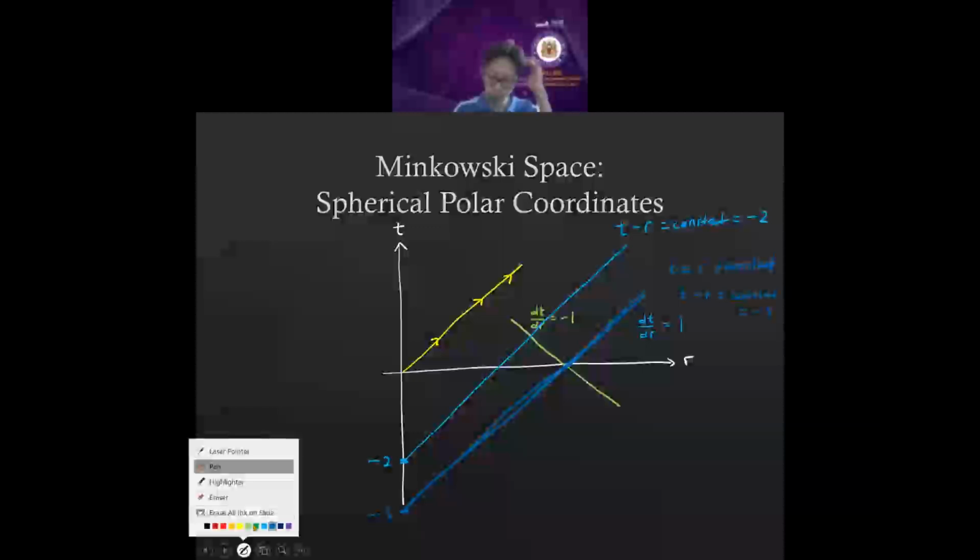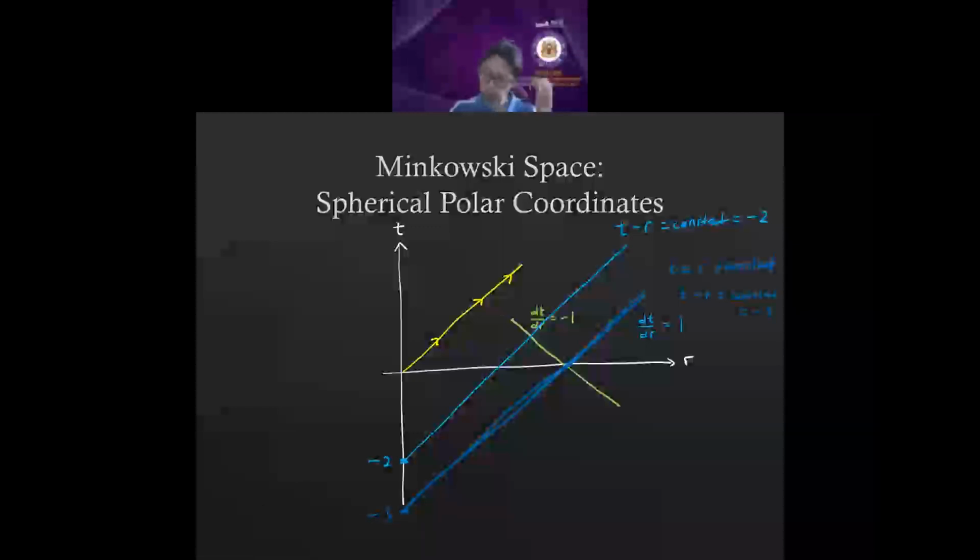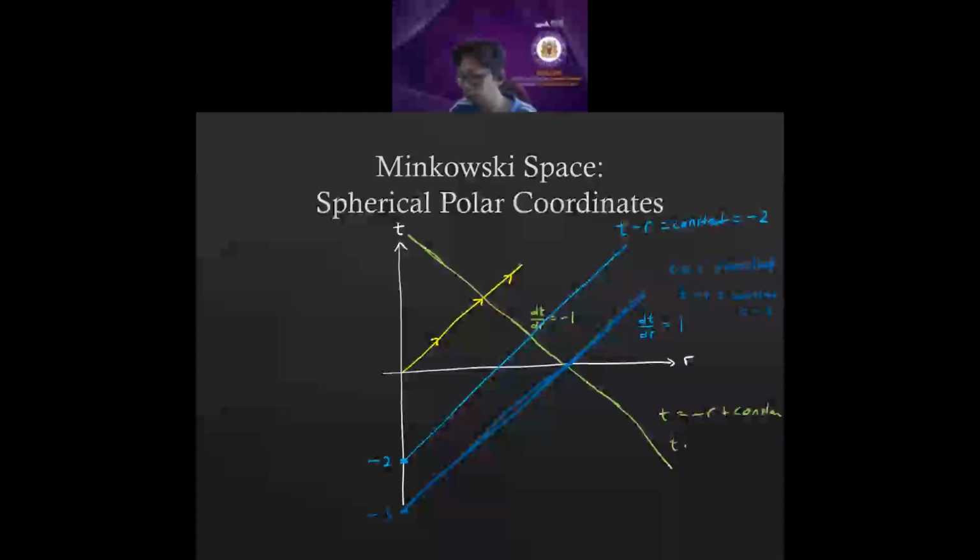Okay, so meanwhile, this one, the green one, is going to be described by t equals minus r plus a constant. In other words, this straight line is described by t plus r equals a constant, and this constant is the intercept over here.